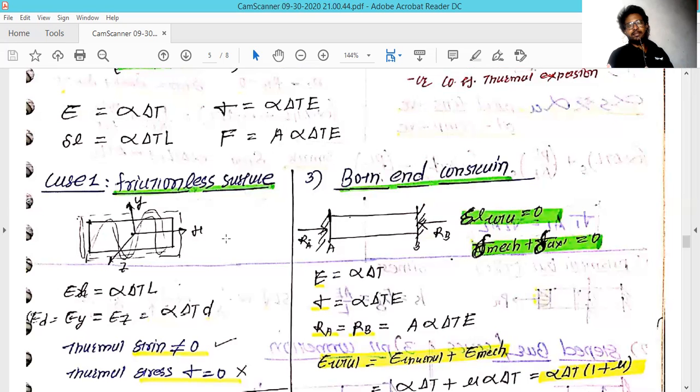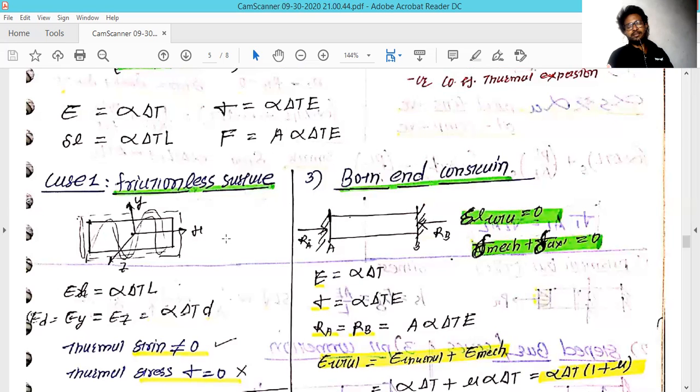In this condition, if you heat that material, or cool that material, the rod will expand. Due to that expansion, strain is going to develop inside the rod.